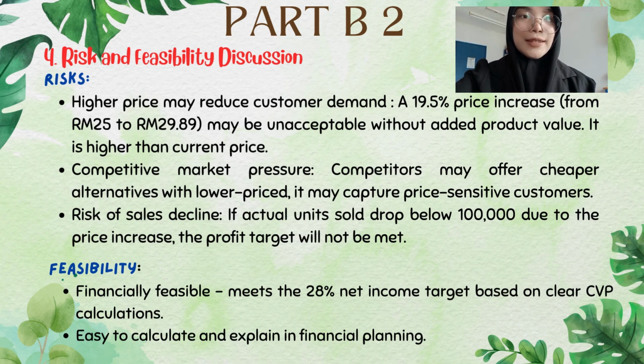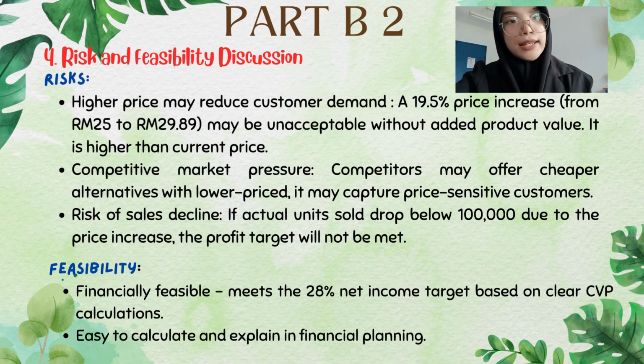Now, on feasibility, from a financial point of view, the strategy is completely feasible. It achieves the 28% net income target using valid CVP calculation. The solution is simple and clear. It only changes the selling price without adjusting production, staff, or marketing costs. However, the market feasibility is not guaranteed.